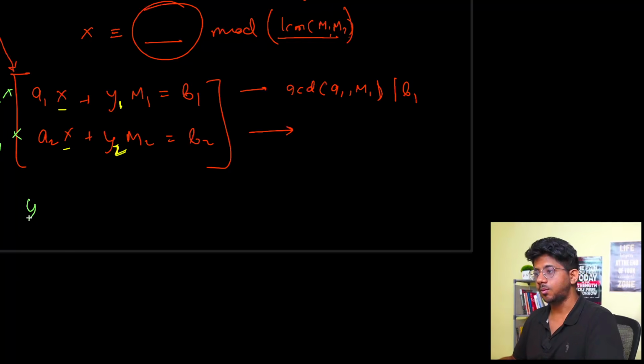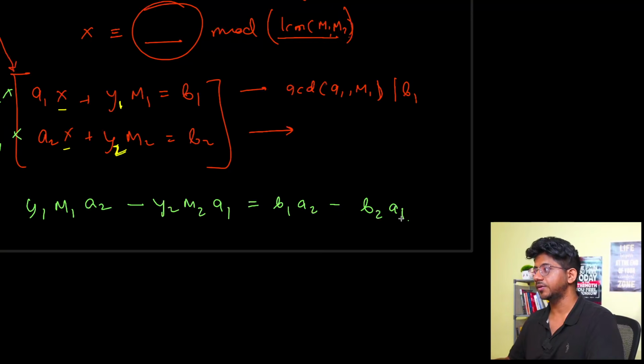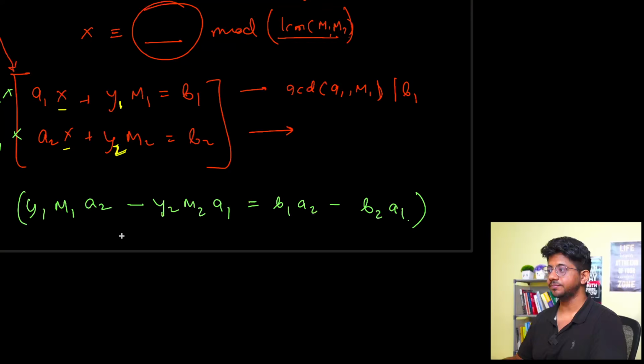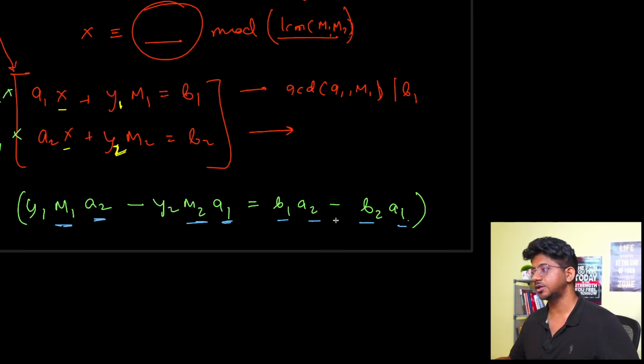So y1 times m1 we multiplied with a2, minus, we are subtracting this equation, so a2 a1x and a1 a2x will get cancelled off, minus y2 m2 a1 is equal to, we are multiplying this whole equation with a2, so remember, b1 a2 minus b2 a1. This is what we will get as an equation. Note that we know the value of m1. So what are the knowns over here? m1 a2 you know, m2 a1 you know, b1 a2, all these things you know.